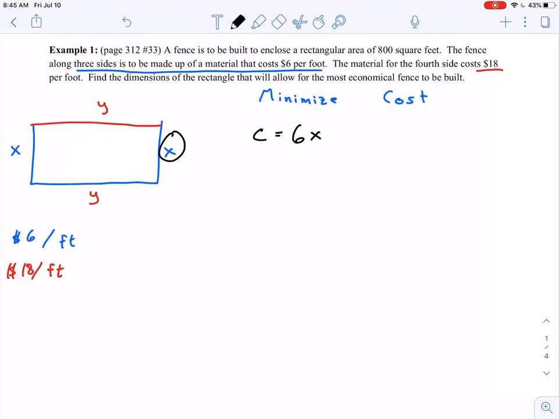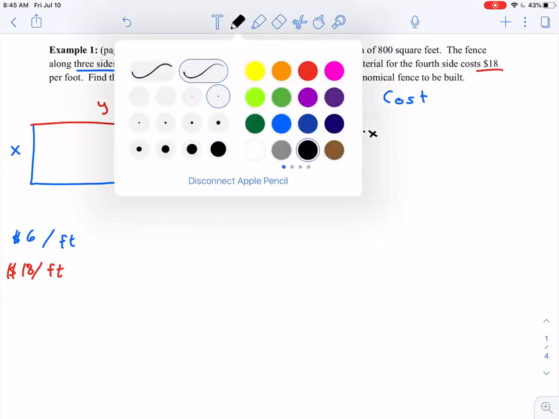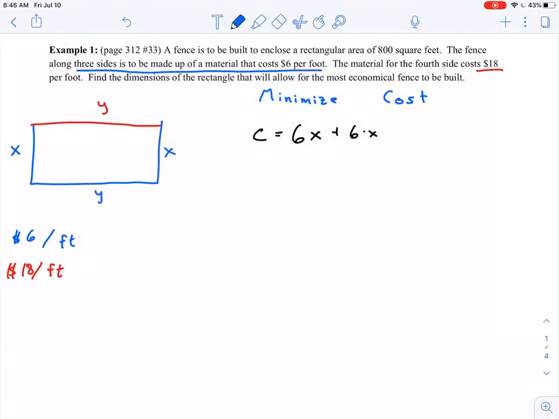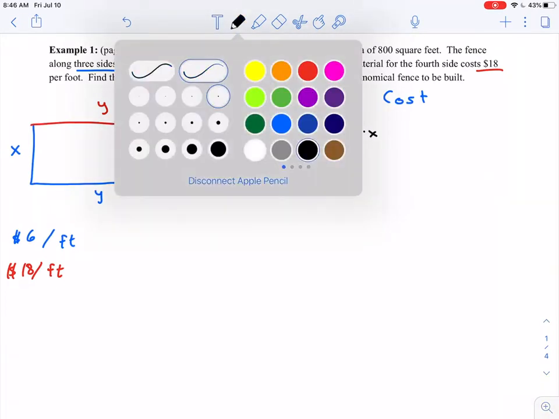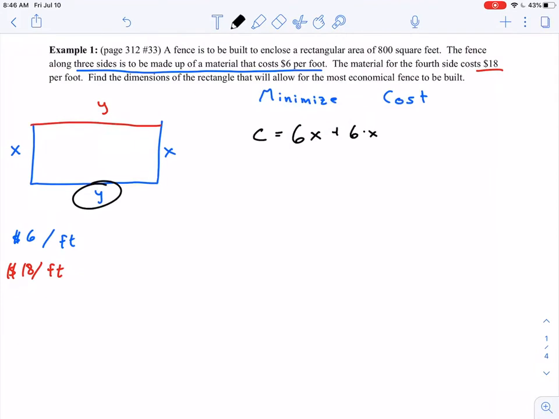Same thing over here. I have a fence that is x feet long. It costs me $6 per foot, so the cost of that side would be $6 per foot times x feet, so 6x. And of course I'm going to add those two things. Actually, let me make this blue just to avoid any confusion. This side right here is y units long, but notice it's still the blue side.